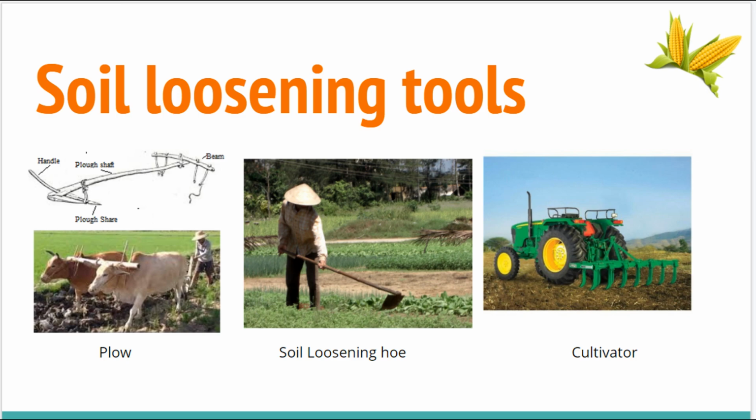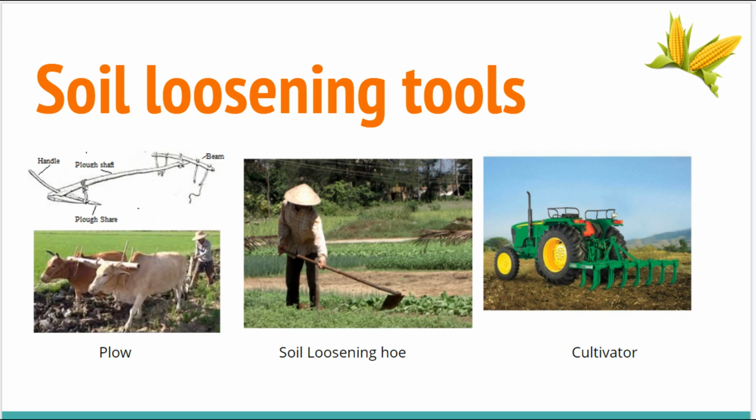Instead of that, we can use a cultivator also. Nowadays farmers prefer the cultivator because they need to prepare the soil in a lesser duration of time. A cultivator is a tractor driven instrument, a tractor that is fitted with some simple tools that can dig the soil.